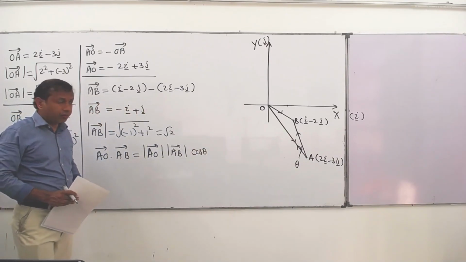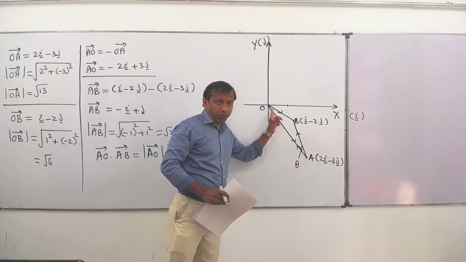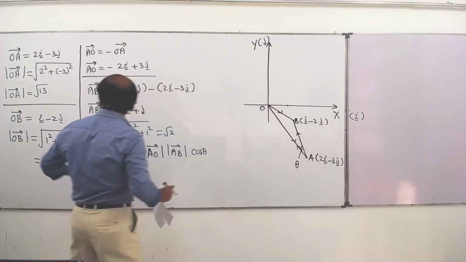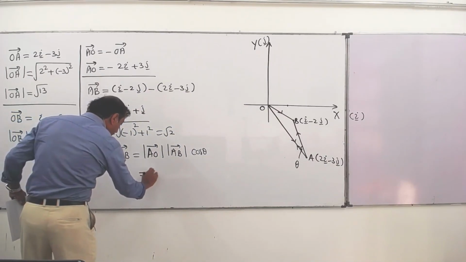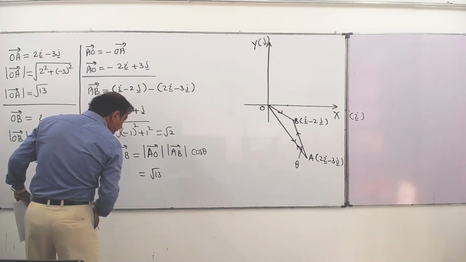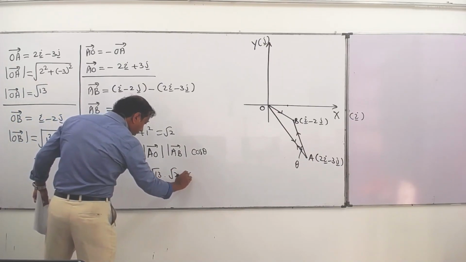AO modulus means the length A to O, which is equal to the length O to A. That means root 13. AB modulus is root 2, times cos theta.